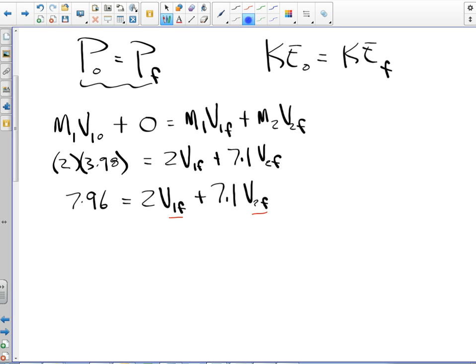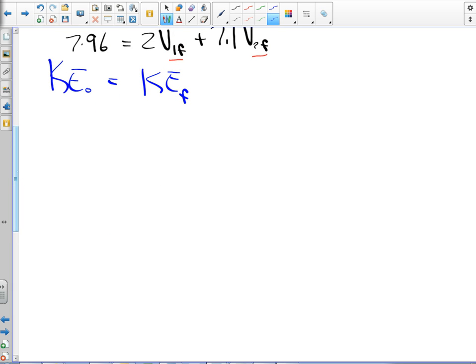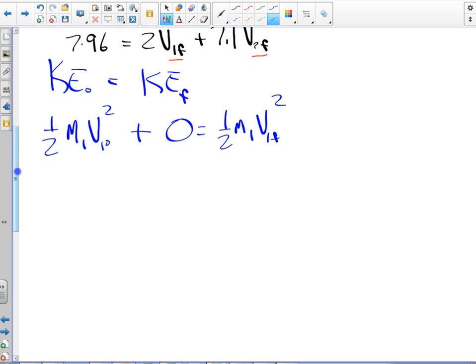So I'm going to go to kinetic energy. Kinetic energy initial, since it's elastic, has to equal the final kinetic energy. So I have 1/2 m1 v1 initial squared plus, and since the second object is stationary, its kinetic energy initially is going to be 0, equals 1/2 m1 times v1 final squared plus 1/2 times m2 v2 final squared.